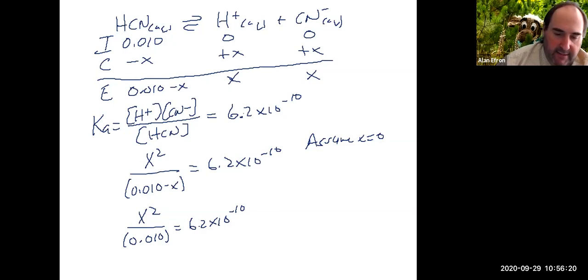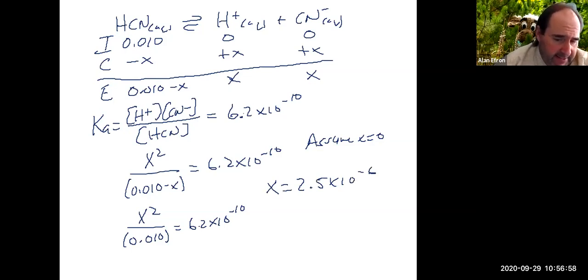So I end up with 6.2 times 10 to the minus 10 times 0.01, which gives me 6.2 times 10 to the minus 12. I'm then going to take the square root of it, and that will give me an answer of 2.5 times 10 to the minus 6.